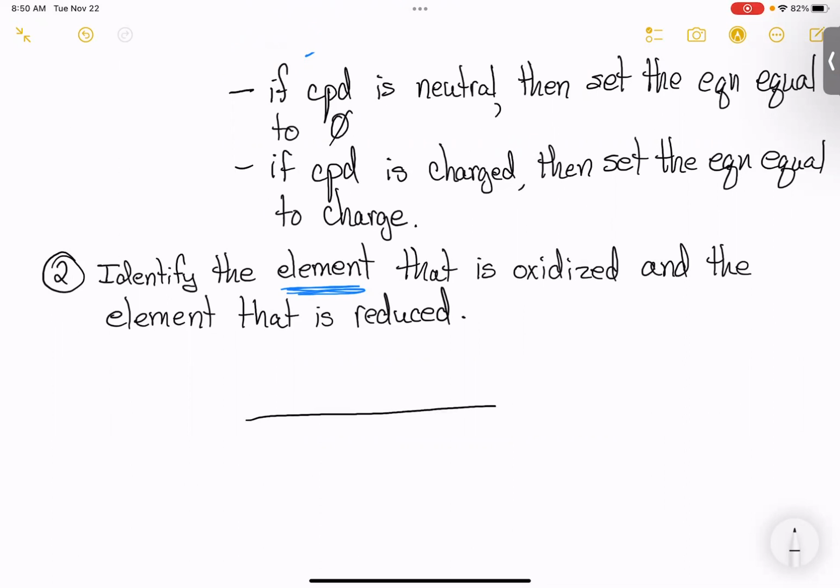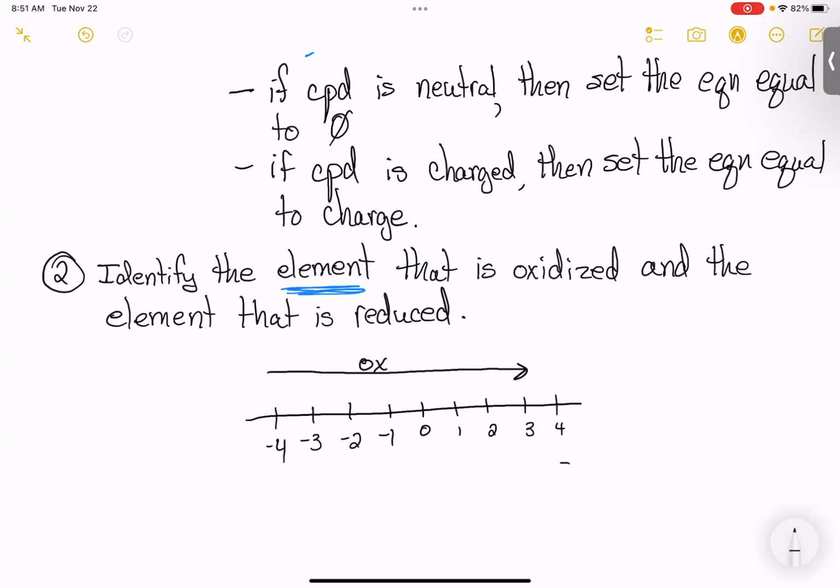The easiest way to think about this is to think about a number line. If the oxidation state becomes more positive from reactant to product, then that element is oxidized.